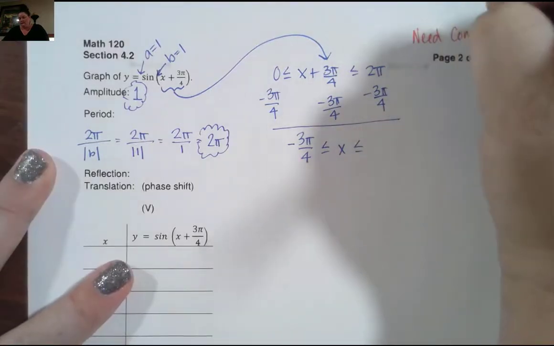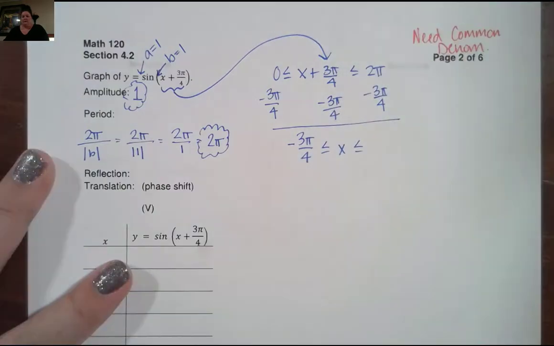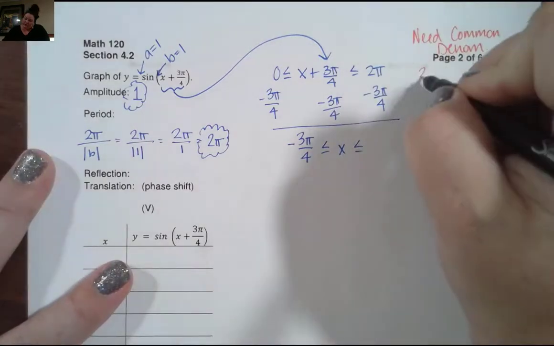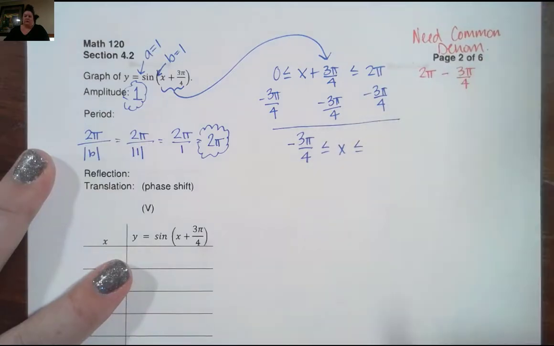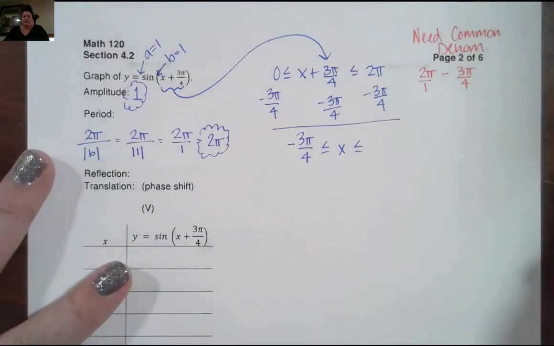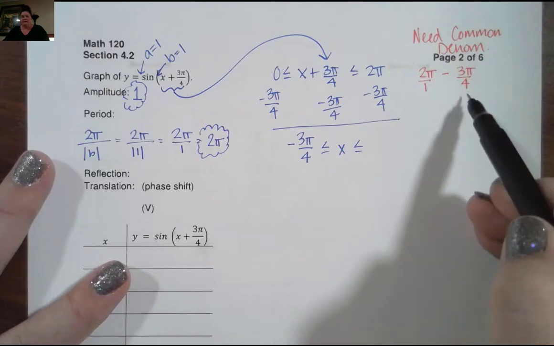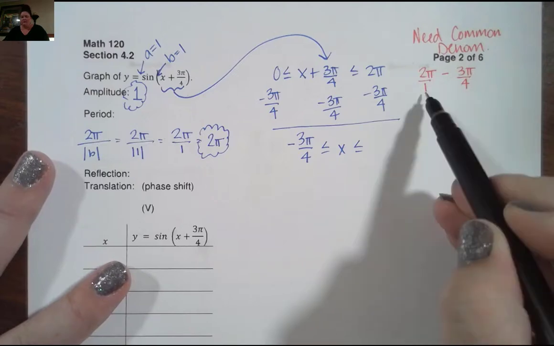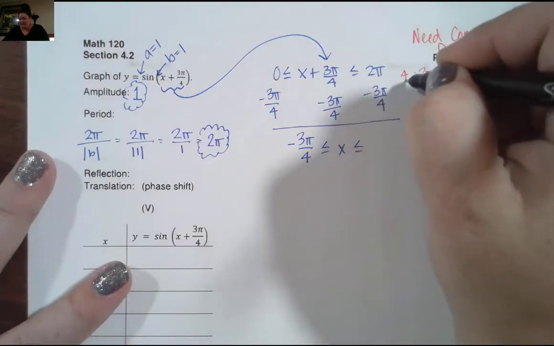Need common denominator. Okay. So I'm going to take 2 pi and I'm subtracting 3 pi over 4, right? Now 2 pi can be written as 2 pi over 1. So if I want to come up with a common denominator for 4 and 1, it would be 4, which means I need to multiply this first one on top and bottom by 4.